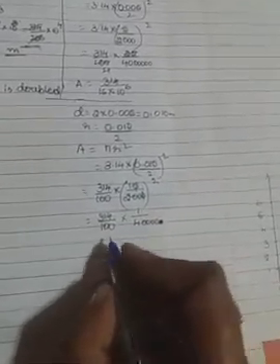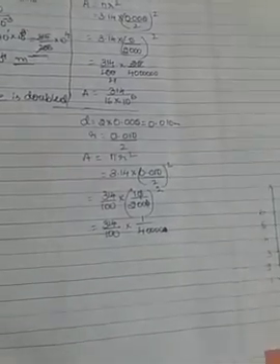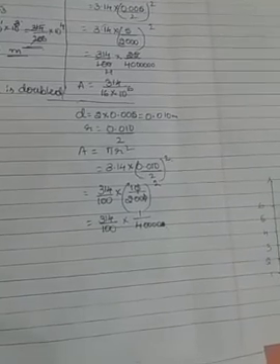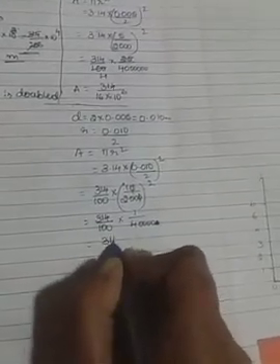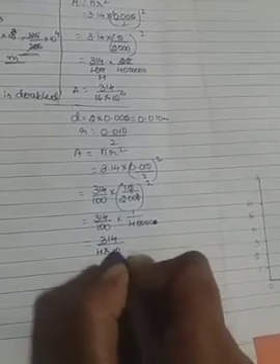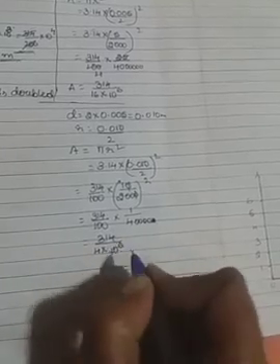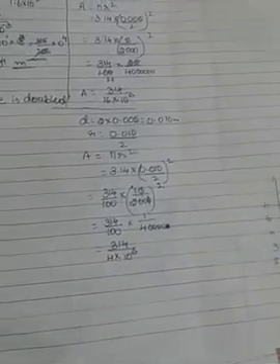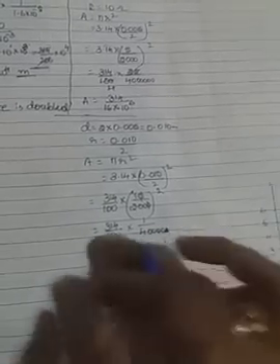Next it will become 314 numerator, 4 ones are 4 into 10 to the power of, totally 1 2 3 4 5 6 zeros are there, we can take 6. So 314 divided by 4 into 10 to the power of 6 is the area if the diameter is doubled.